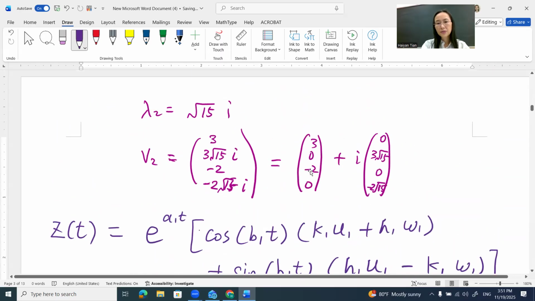Here is U2, here is W2. So this A2 is 0 because the real part is 0, but the imaginary part is square root of 15. That's why we have A2, B2.